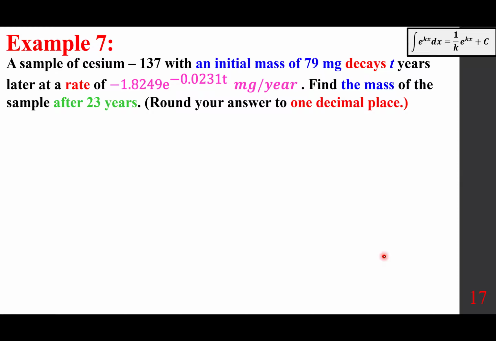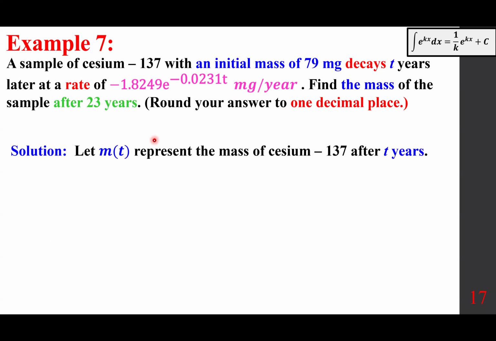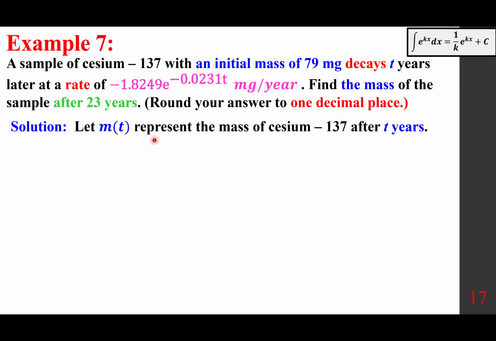Having said that, what are we dealing with here? We are dealing with a radioactive substance, so we let m of t represent the mass of that cesium-137 at time t, or after t years.